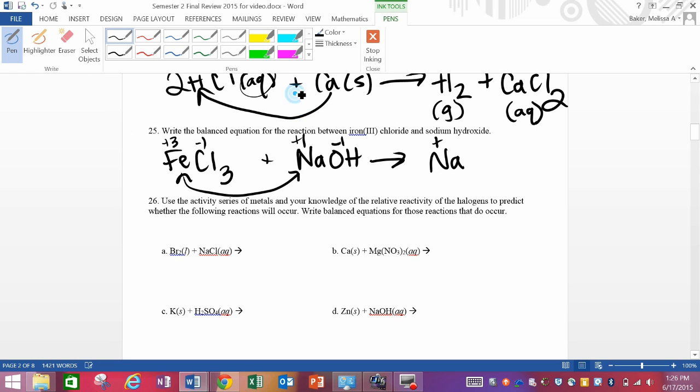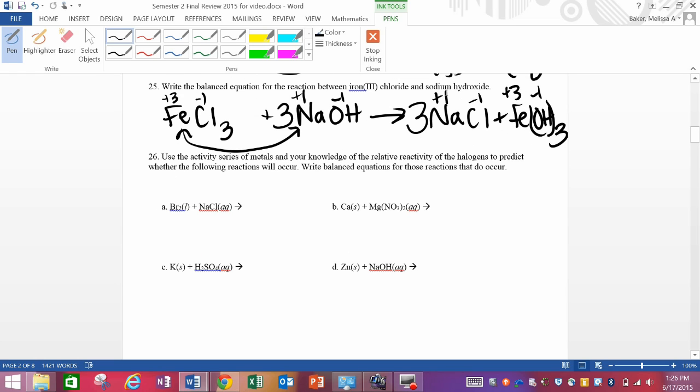Now Na is going to be with Cl, and Fe, which still has the +3 charge, is going to be with OH, which has a -1 charge, so this will be Fe(OH)3. Now this is not balanced. We've got Cl3 here, so we're going to need 3. And now we've got 3 Na, so we need a 3 here, which makes sense. 3 OHs, 3 OHs. Now everybody's happy.